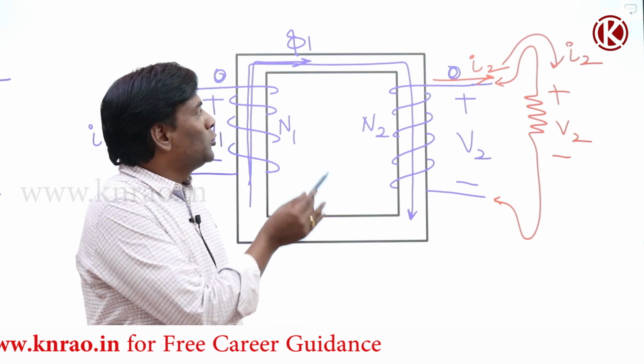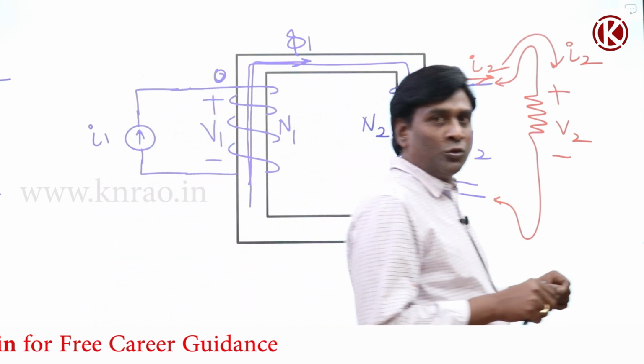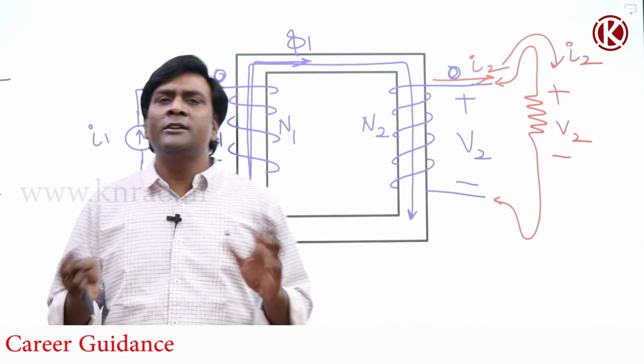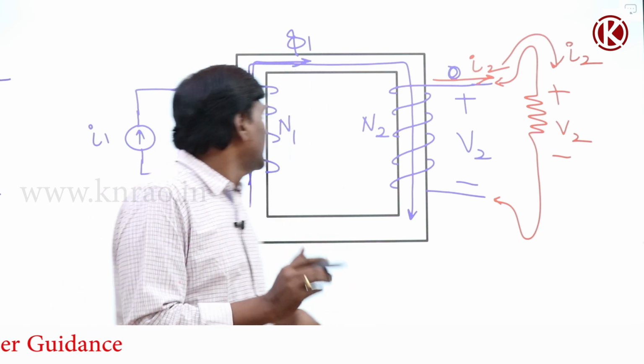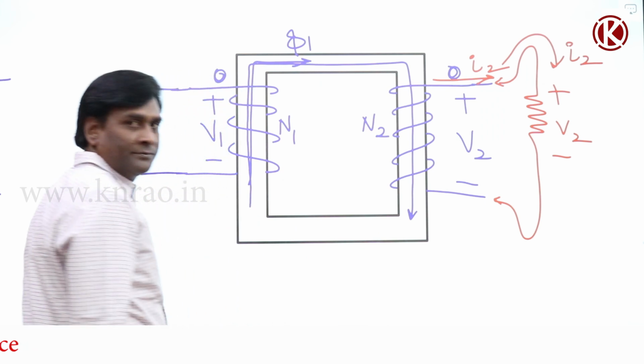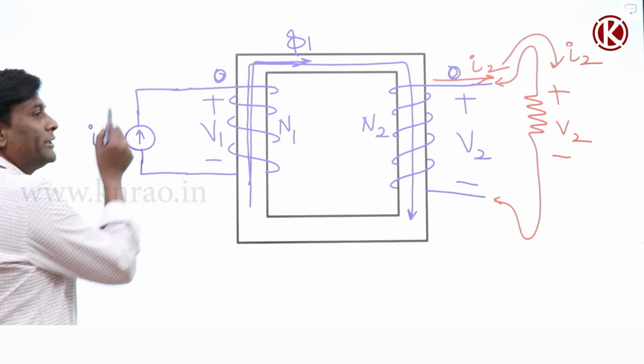After this discussion only we will go back to when a voltage source is connected, then you will get a bit more clarity. Here my current is leaving from the dot, it is absorbing power, so it has to deliver power.